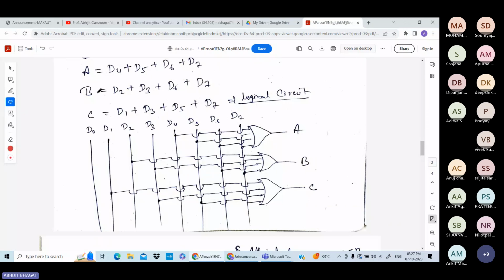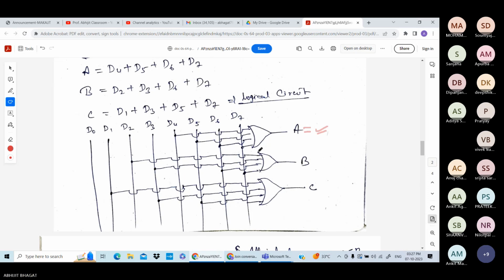And depending on the logical circuit, ABC, you pass this input through OR gate, you will get the output. So for A, you can see D4 plus D5 plus D6 plus D7. So this is D4, D5, D6 and D7. These signals are passing through OR, you will get the A. So depending on the output expression, you can draw this.